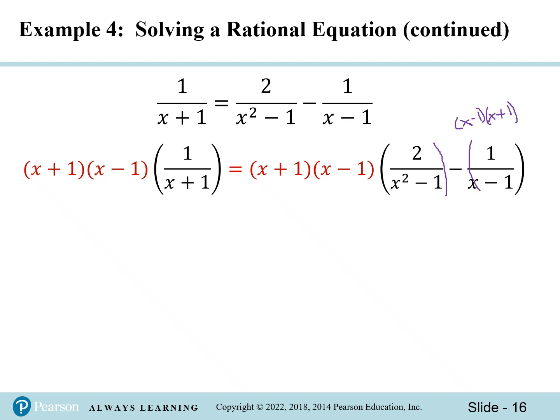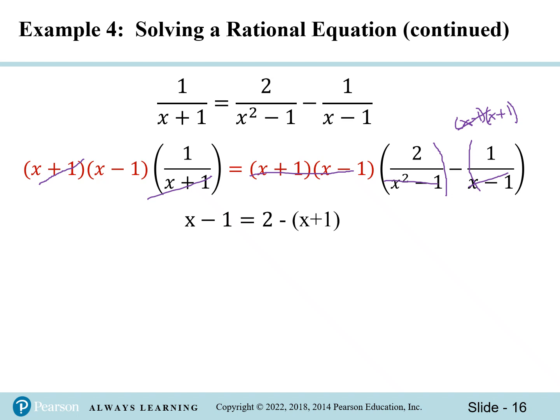On the left-hand side, the x plus 1's cancel out, so we're just left with x minus 1. For this next fraction, the whole thing goes with this whole thing, and here the x minus 1 goes with the x minus 1, so I'm just left with x plus 1. So I end up with x minus 1 equals 2 minus x minus 1.